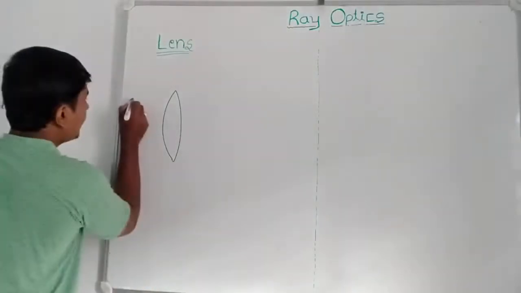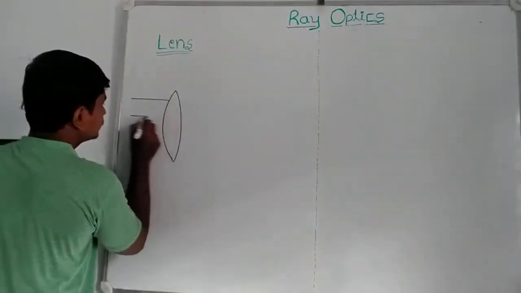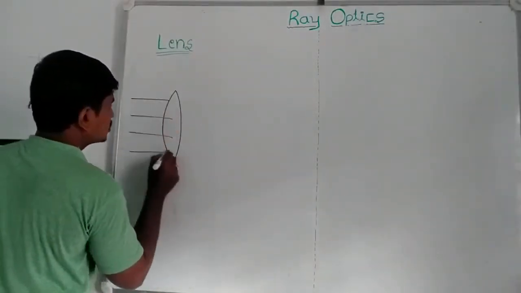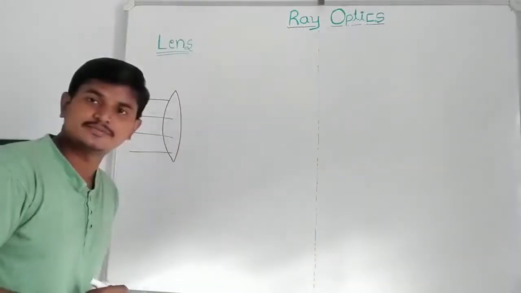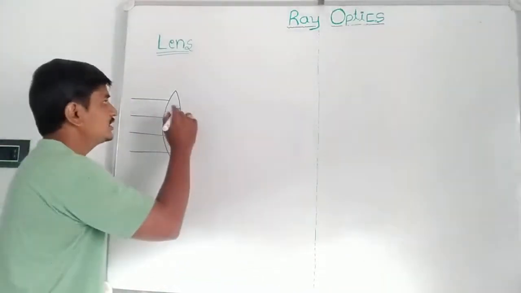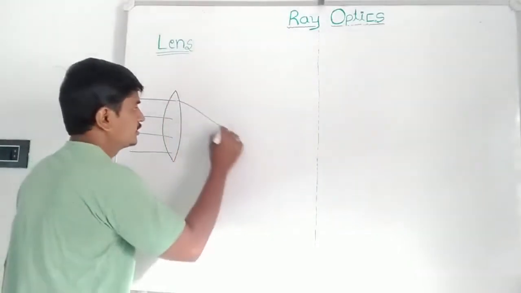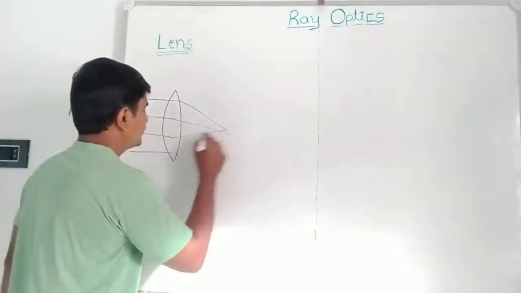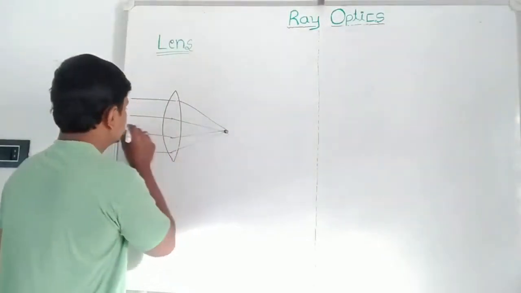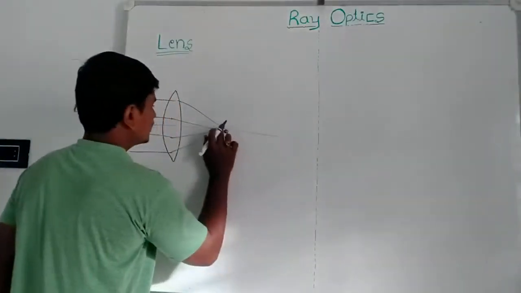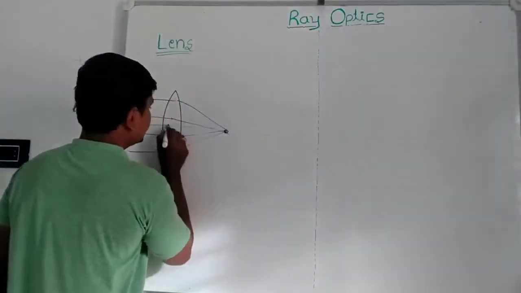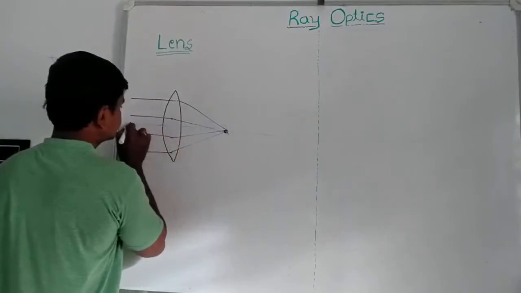Nothing but when a parallel beam of light is incident on the lens, these rays converge at a point on the principal axis.